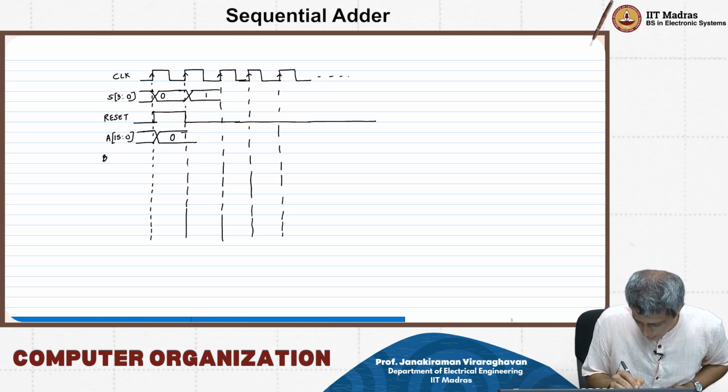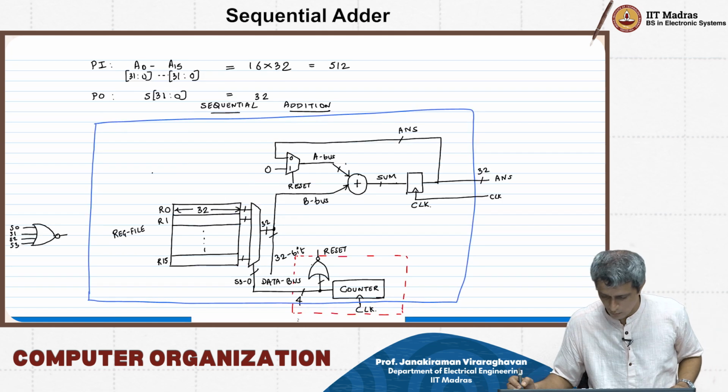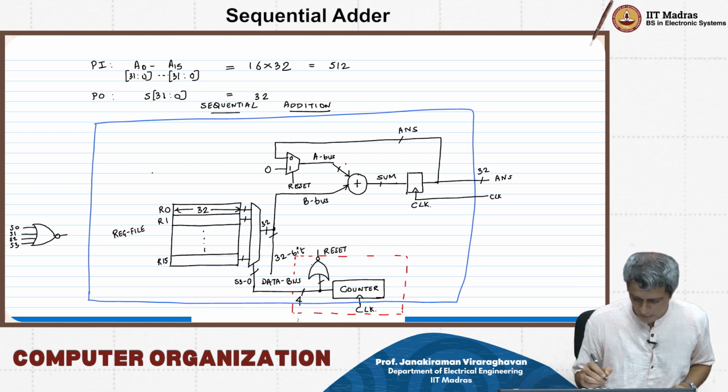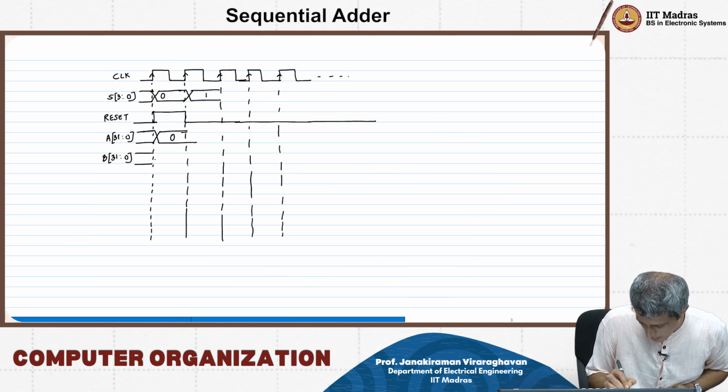Then my A 31, and my B bus, which is B 31 down to 0, right.